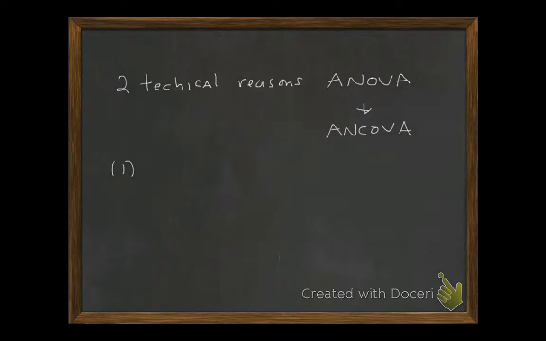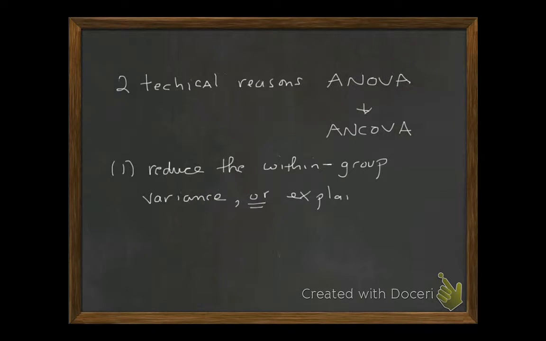Number one, as we've talked about before, is we reduce the within group variance, or explain more of the unexplained variance.